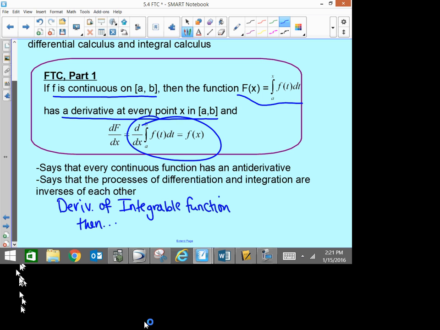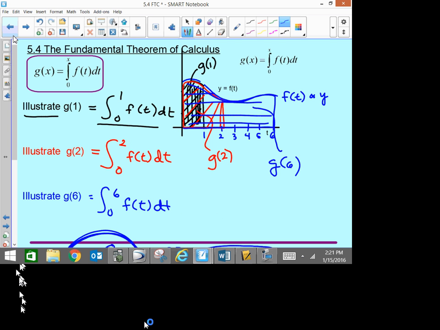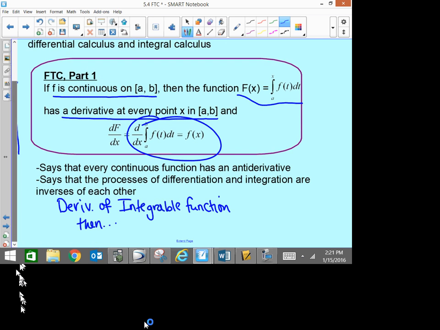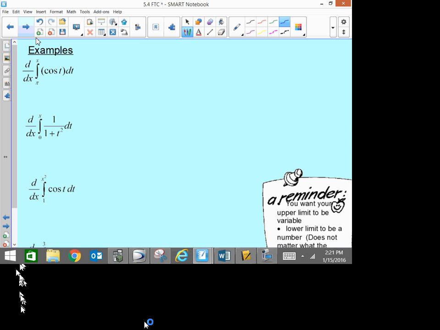Okay? Integration, remember, is a number. So basically, we're going to turn integration into a function with this a little bit. And hopefully it won't continue. I know it's kind of confusing when you just talk about it, but let's show you how you do it.